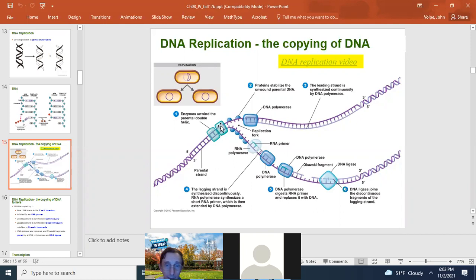We talked about the helicase opening up the two strands of DNA, making it single-stranded, so the DNA polymerase can come on and put in the correct nucleotides of the newly replicated strand of DNA using the template, the old strand of DNA. And then the ligase seals the DNA together.